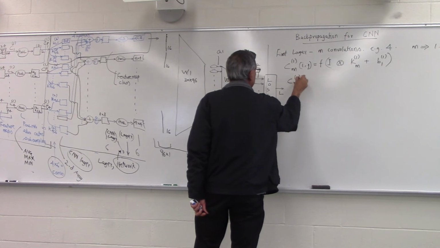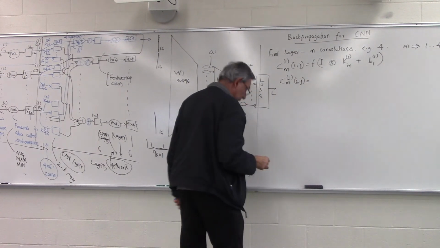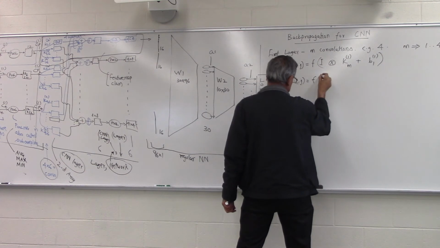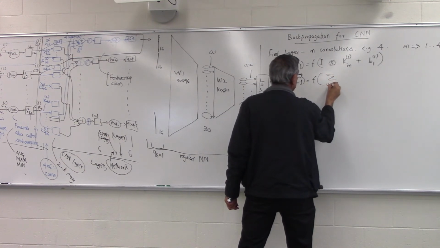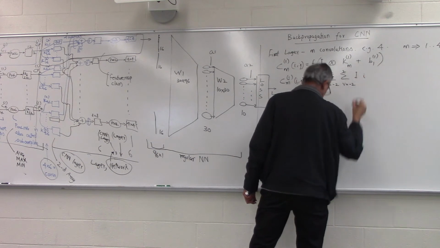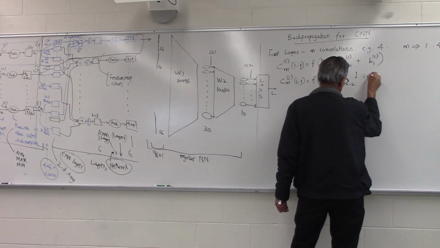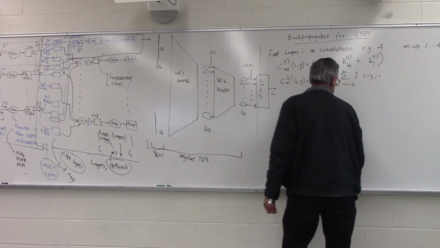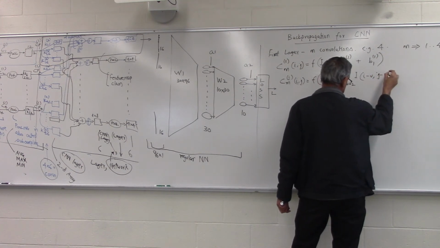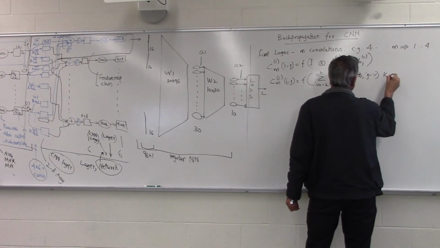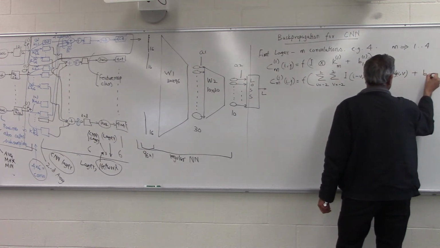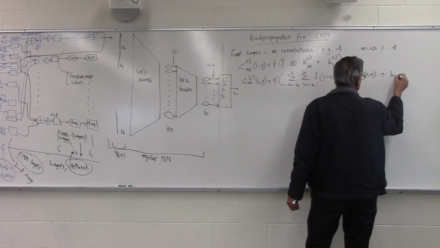Cm of 1, ij equals, for example, sigmoid, or let me leave it as f, of the sum over u equal to minus 2 to 2, v equal to minus 2 to 2, of I of i minus u, j minus v, times kernel km of 1 u v, plus b1 or bm of 1.